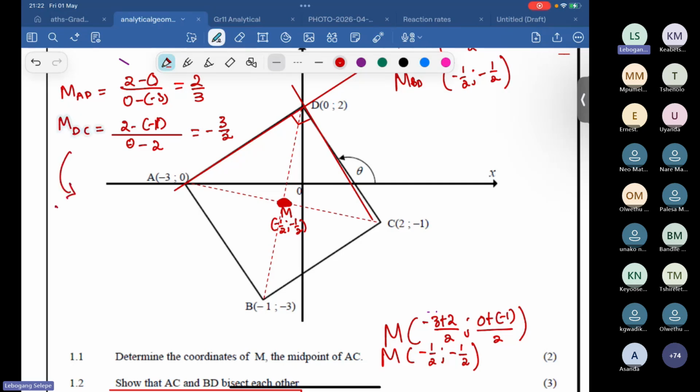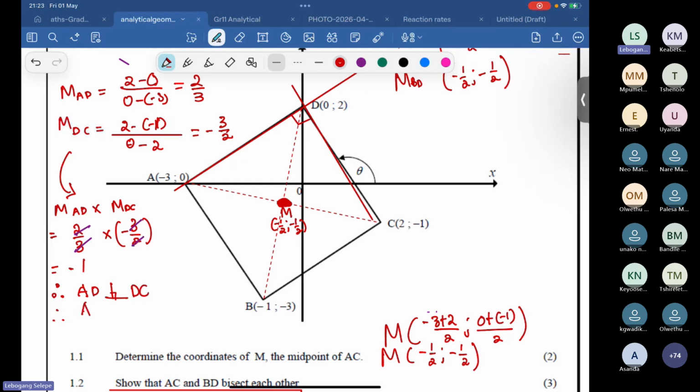Now, if we take the gradient of AD and multiply it by the gradient of DC, we have 2 over 3 multiplied by negative 3 over 2, where this cancels, that cancels, and then you're going to have negative 1. And then you can conclude and say, therefore, AD is perpendicular to DC.